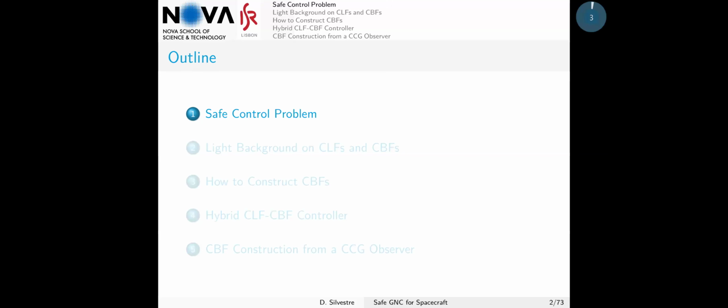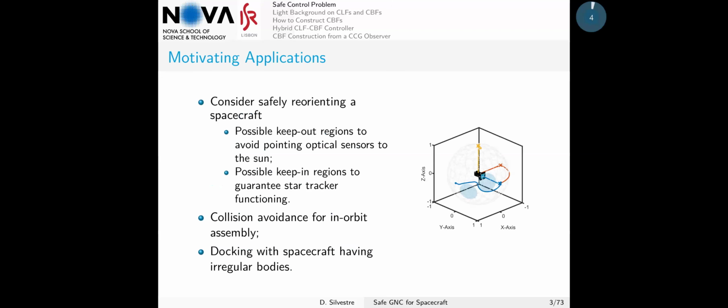So let's start. The type of applications that we are talking about, here I placed three of them, which are the examples that I then use during the talk. The first one is, let's say that we want to reorient a spacecraft or a satellite.